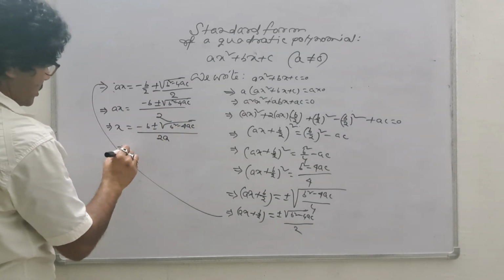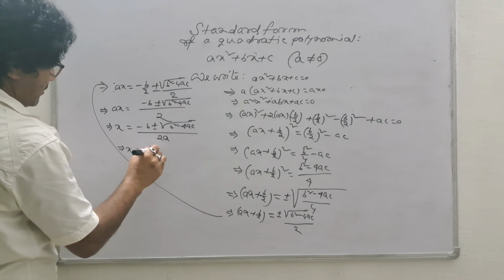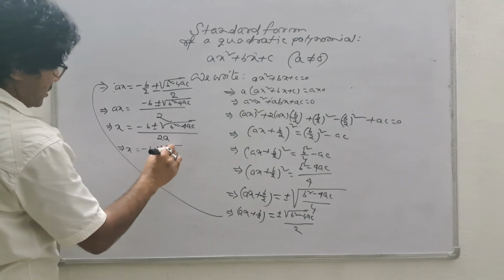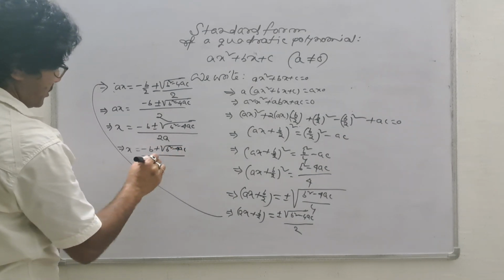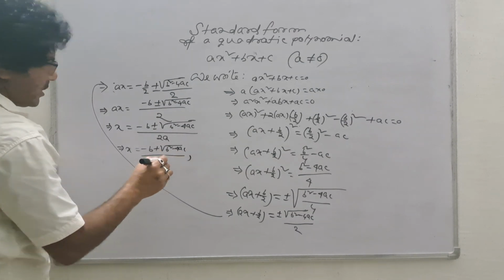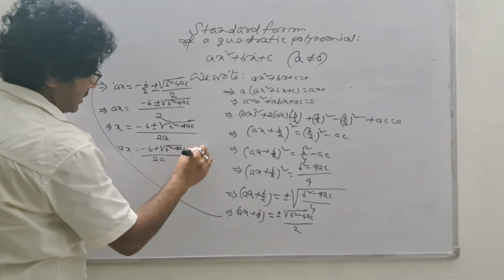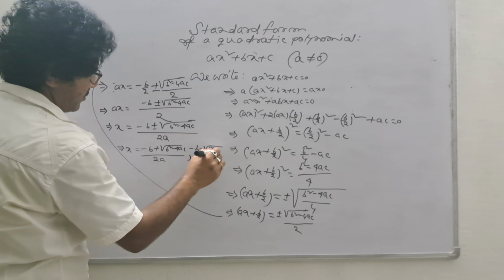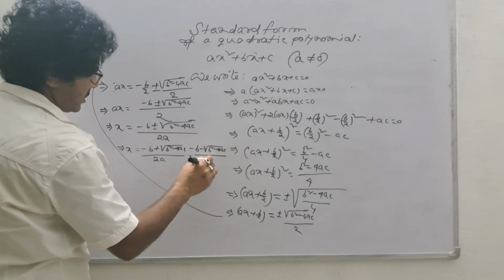So x is equal to minus b plus root of b squared minus 4ac divided by twice a, comma, minus b minus root of b squared minus 4ac divided by twice a.